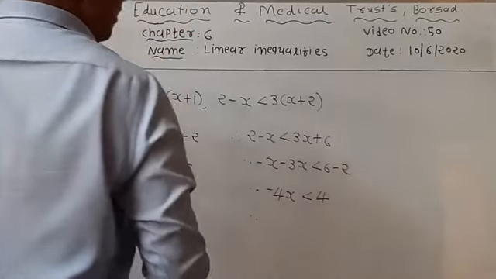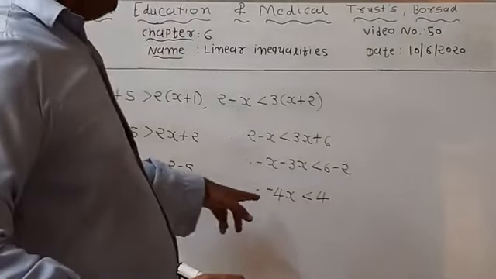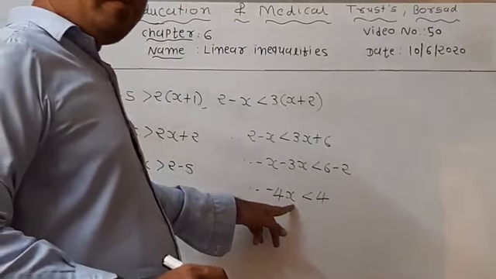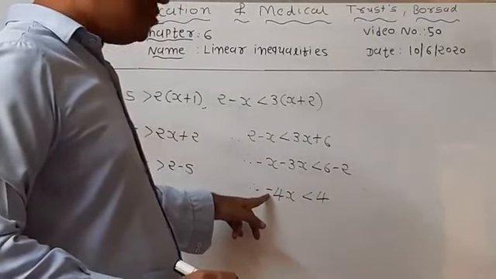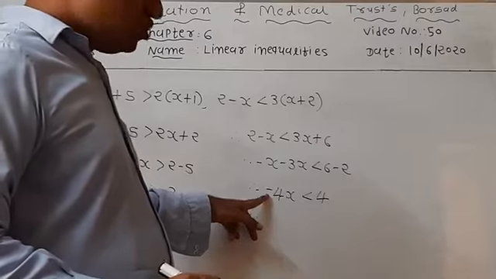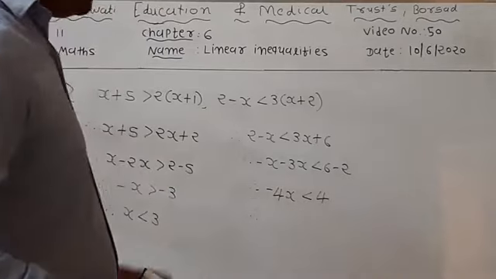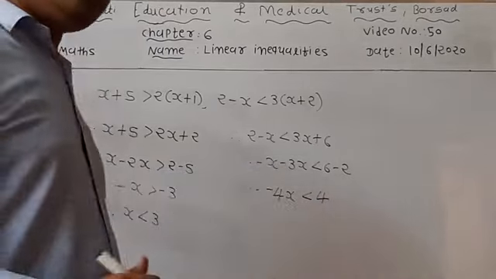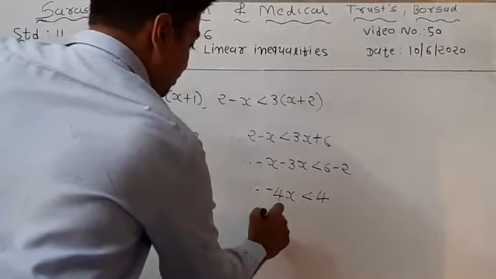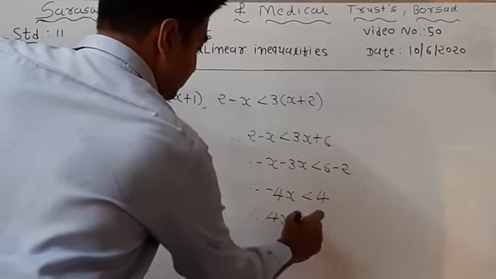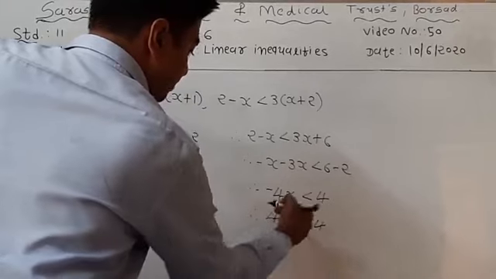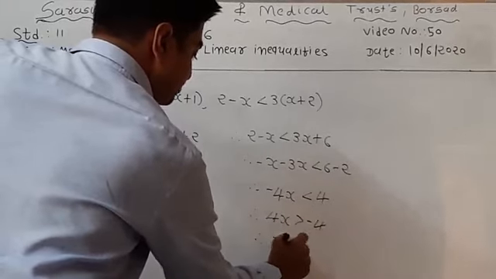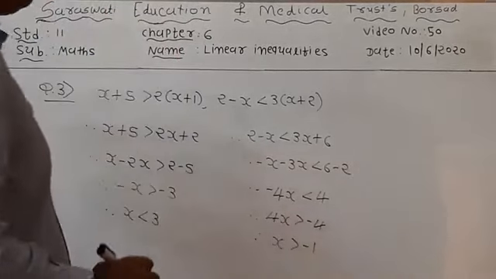Now here x is the variable, so the minus sign outside is present. So remove this minus sign by multiplying both sides by minus. Therefore 4x greater than minus 4. Now divide by this term. So x greater than minus 1.